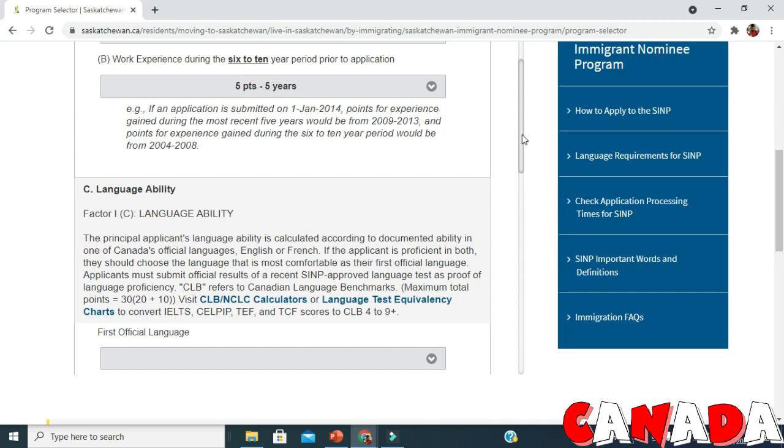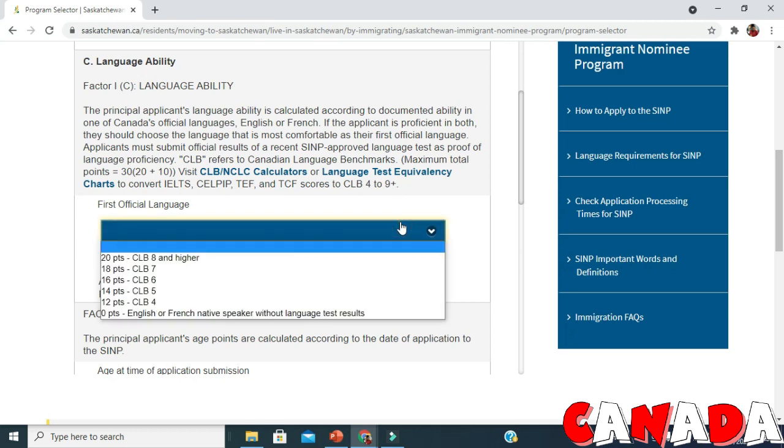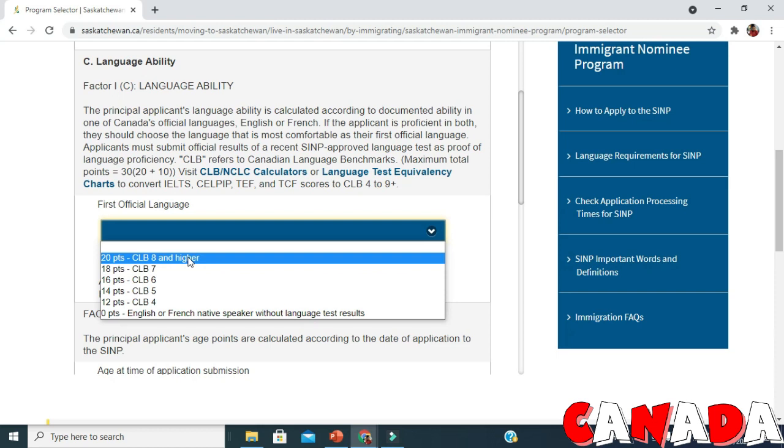Next they are going to talk about your language ability. That is your IELTS or CELPIP for the English language, or TEF or TCF for the French language. CLB 8 is the maximum that Saskatchewan needs from you, which is 7.5 in listening and 6.5 in reading, writing, and speaking.